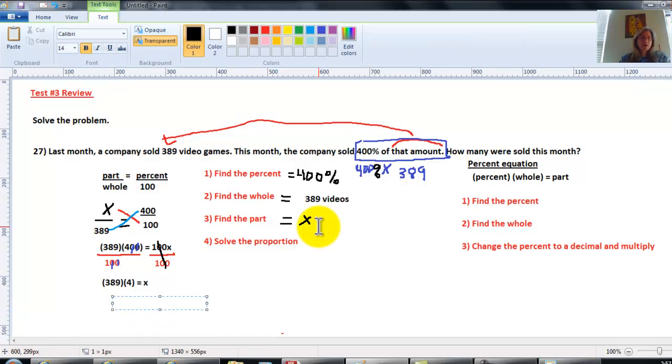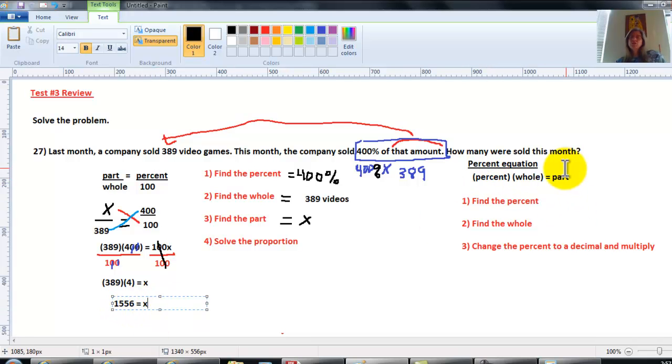But what is happening is, our part then, the next time they sold quite a few more than they sold before, because it was 400% of that amount over here. 400% means 100% is 389, so it's going to be 4 times that. So our part then equals 1556.